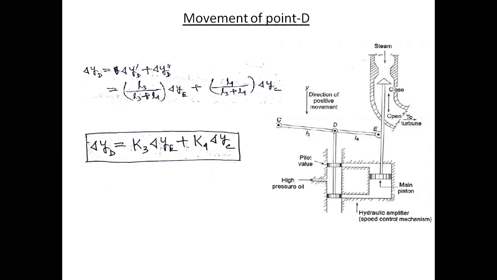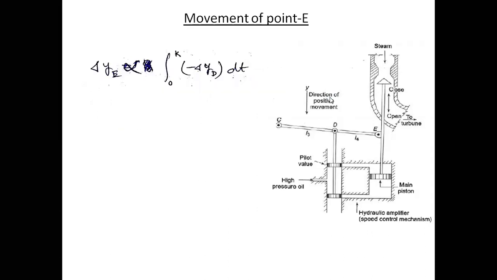If we take these two parts as constants, we have K3 and K4 constant terms. So this one is taken as your equation number 2.